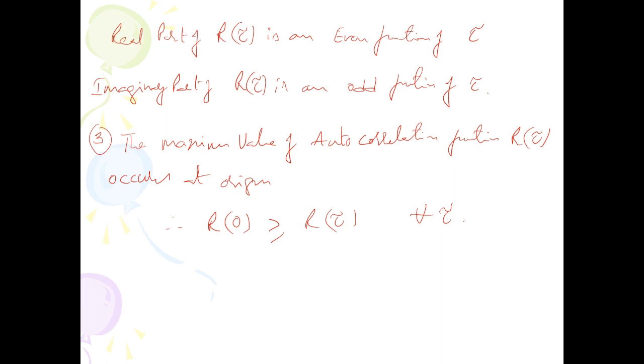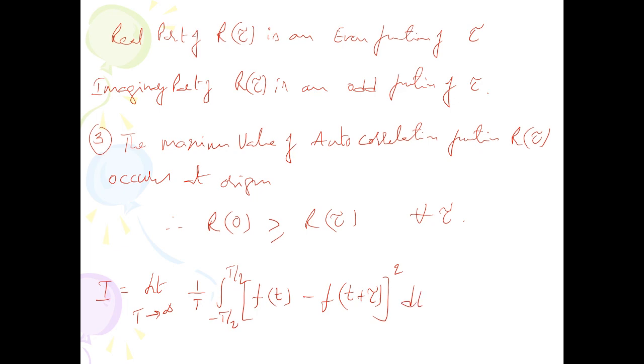Let us consider an integral I equal to limit T tends to infinity 1 by T integral minus T by 2 to plus T by 2 of f of t minus f of t plus tau whole square dt.